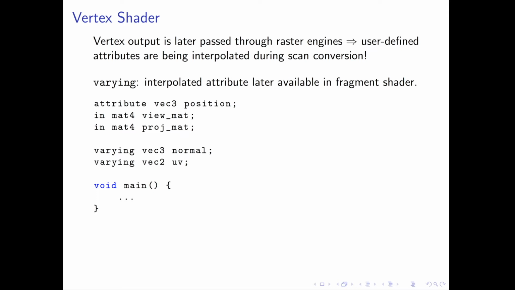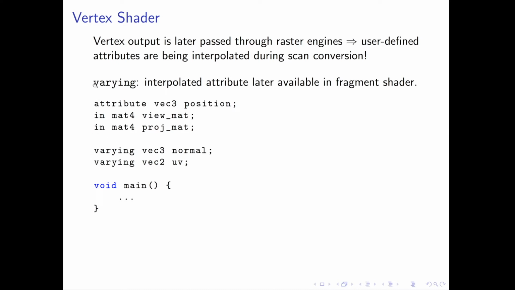And the same is true for normals. The algorithm will use barycentric interpolation to interpolate potential vertex normals that were specified by the user. And the same is also true for texture coordinates, like UV coordinates, or also for other user-defined attributes.